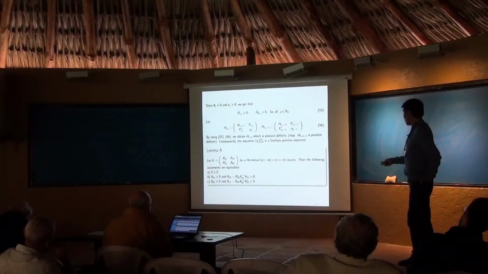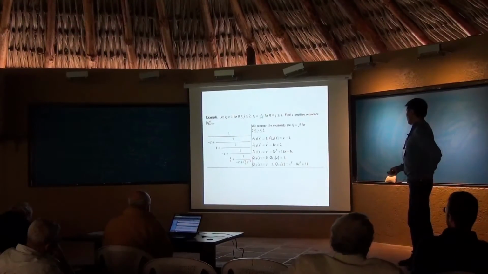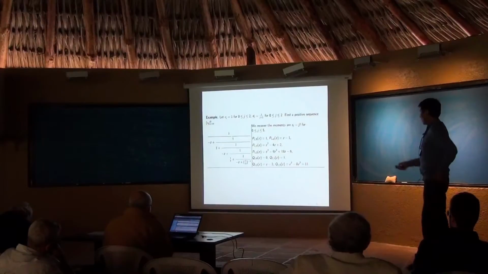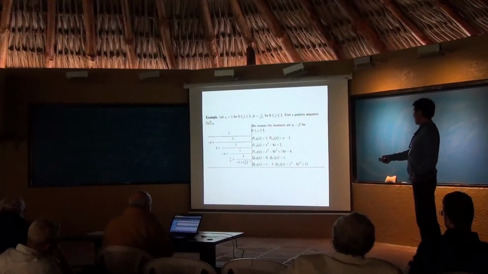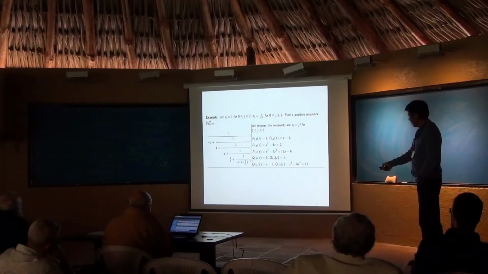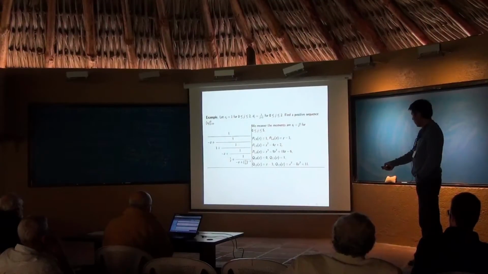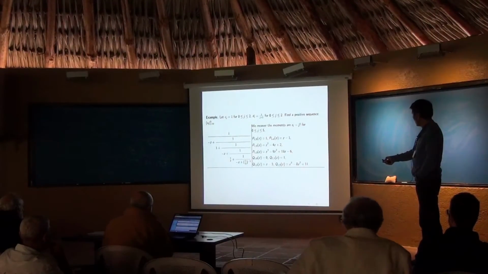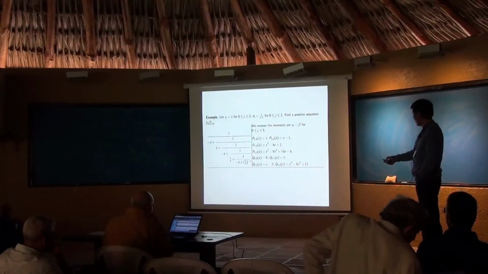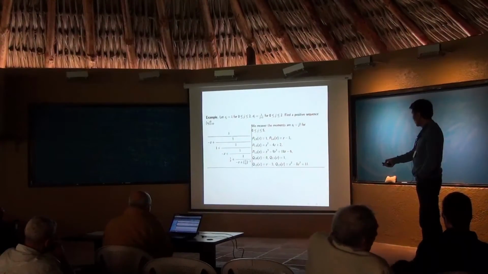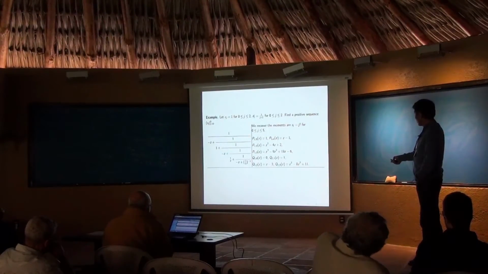Then with this proposition, before the result, I mention here one example. If we are given, for instance, this continued fraction, where d_j is 1 over j plus 1, and c is equal to 1, then we recover the moments.